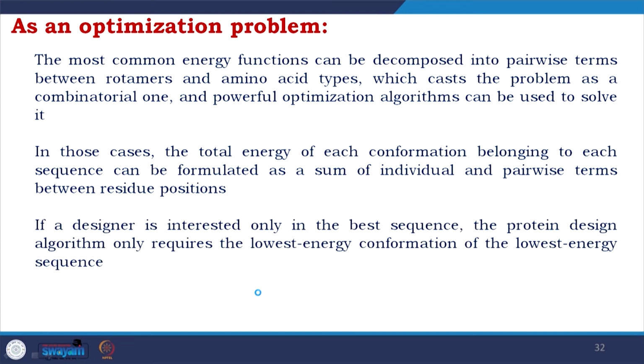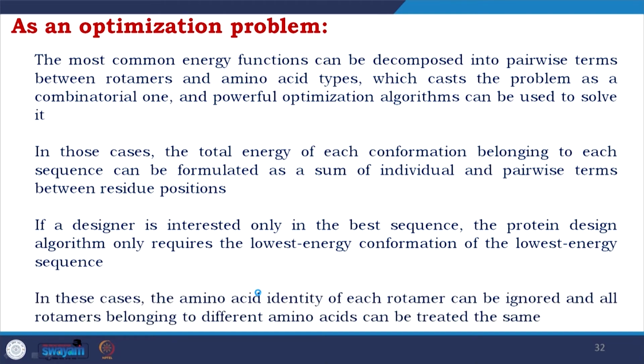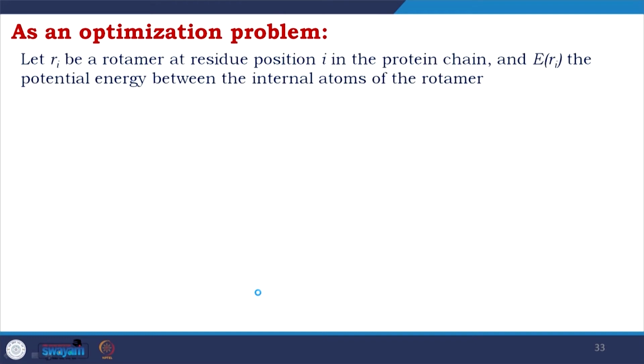If a designer is interested only in the best sequence, the protein design algorithm only requires the lowest energy conformation of the lowest energy sequence. So, if you fix them, then you could get rid of a lot of calculations. In these cases, the amino acid identity of each rotamer can be ignored, and all rotamers belonging to different amino acids can be treated as the same to reduce the computation.